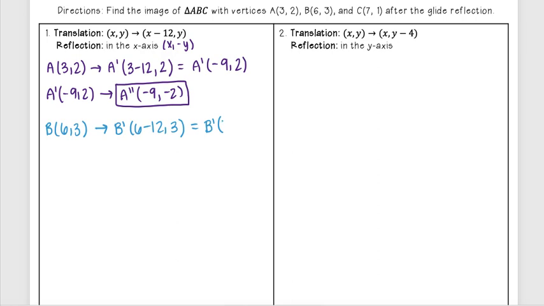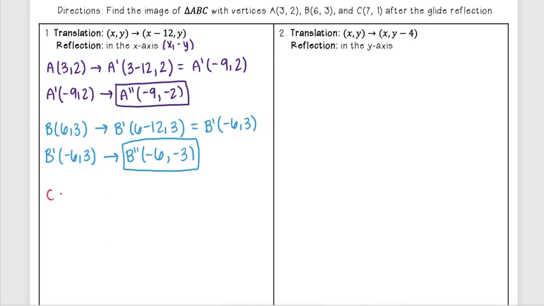And so 6 minus 12, I get negative 6, and then 3. But now I need to go and reflect it. And so remember my rule, my x is going to stay the same, but then I'm going to take the opposite sign of y. So since the 3 is positive here, it's going to become negative.